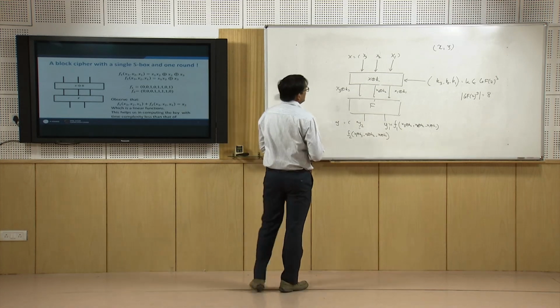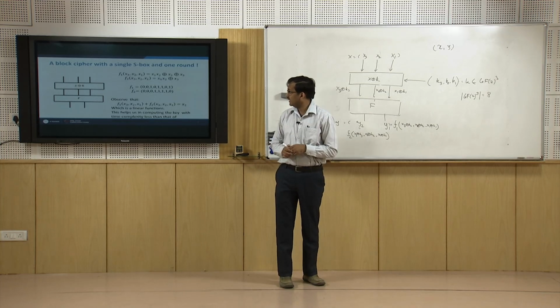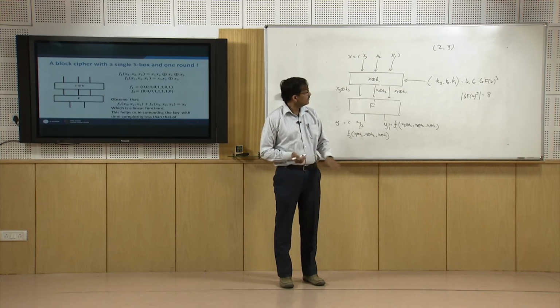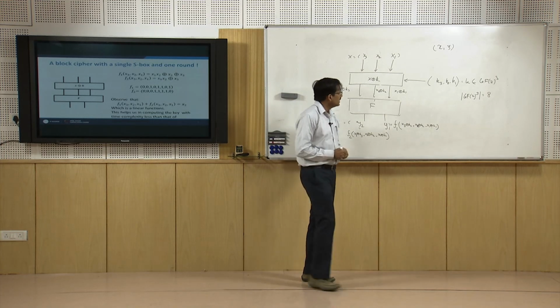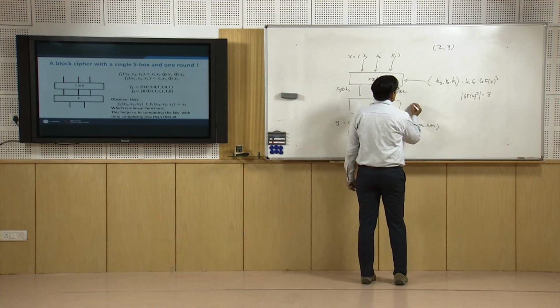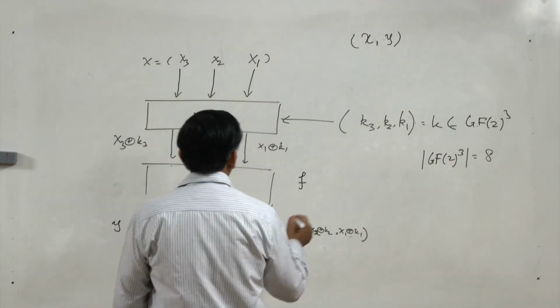F1 and F2 are essentially quadratic functions which are quite nice, but if I add them, that is a component function, and that component function is just X2.